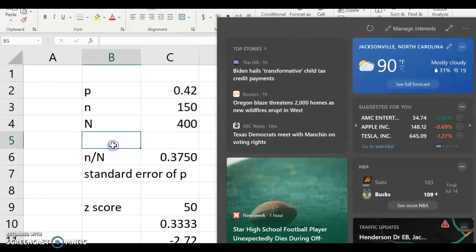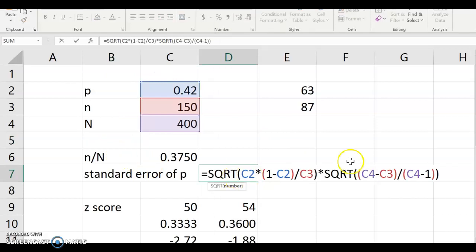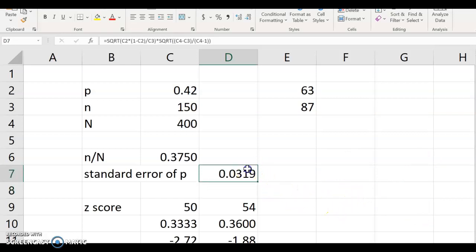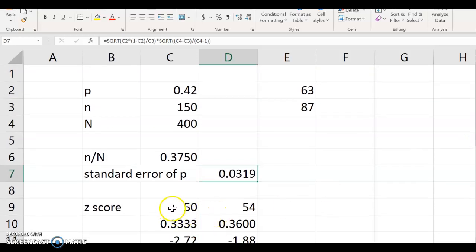Okay, so I can send this to you just so you can look at this formula a little bit closer. So this is the standard error of p, and it's probably going to be the part that is the hardest to put into Excel.